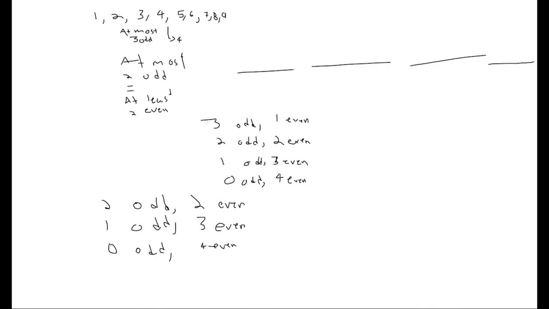Okay. Now let's move on and talk about the last thing that I want to talk about, which is saying that you need an exact number of something. Let's say we're taking out 4 numbers once again, and you need exactly 1 even number.